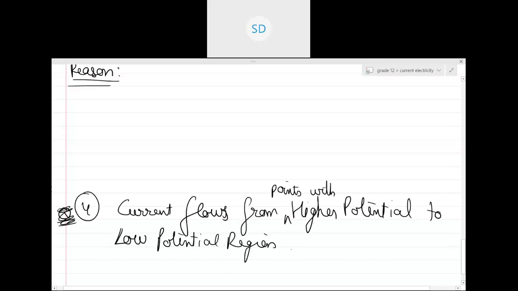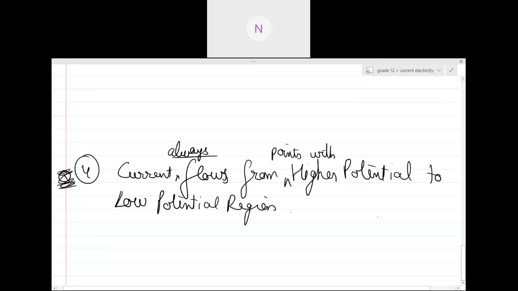Current will always flow from higher potential region to lower potential. We know this. Okay, so is this clear?